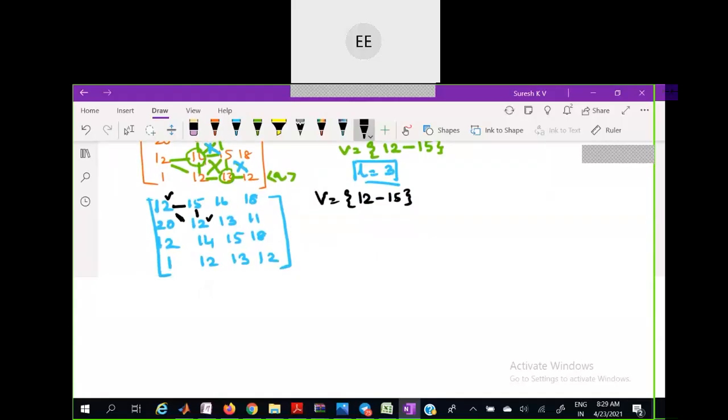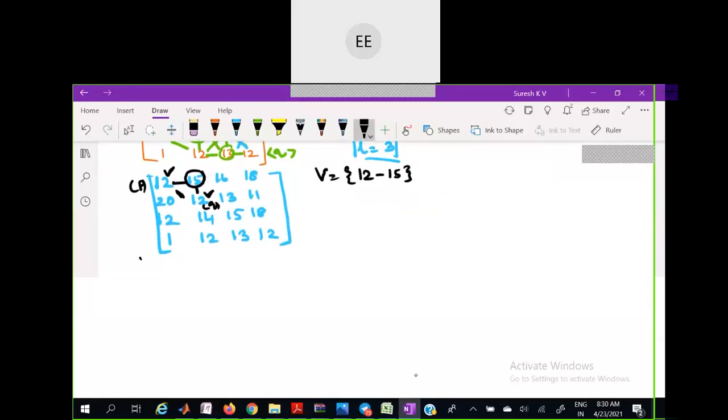You know that 12 is a diagonal neighbor of P. So what you can observe here is this 15 is from the set V. It is a common 4 neighbor of this 12 and this 12. That means if I call this P and this Q, 15 here is a common 4 neighbor of P and Q.